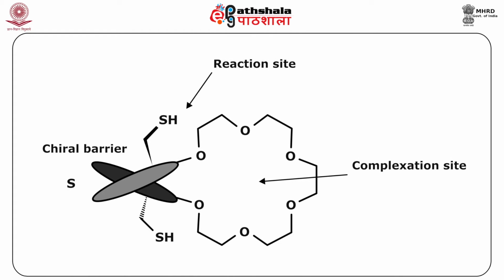A well understood example of mimics for transacylases has also been addressed by Cram, who won the Nobel Prize for supramolecular structures. He also used chiral corands, as shown in the next figure, bearing thiolate nucleophiles situated above and below the plane of the macrocycle.